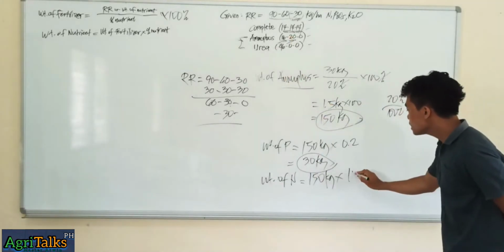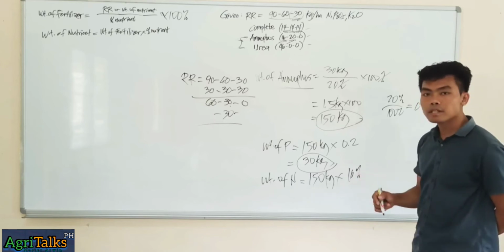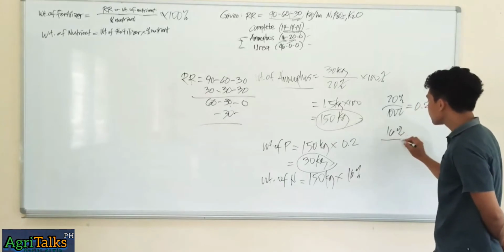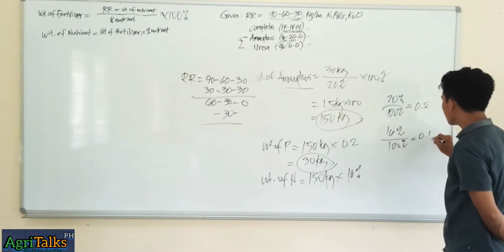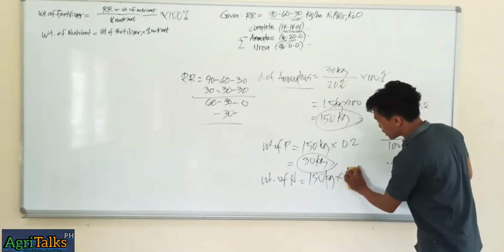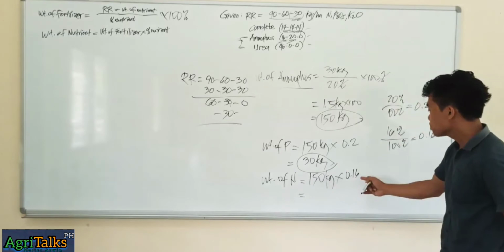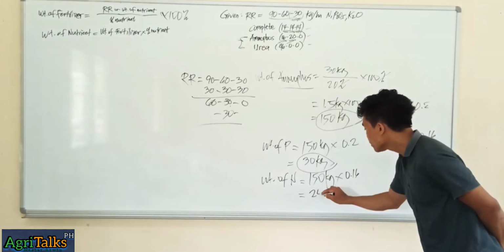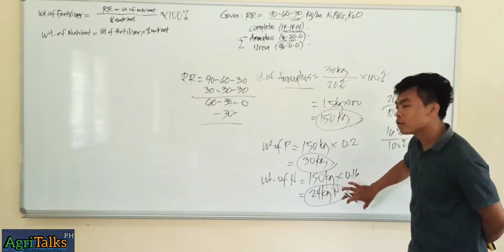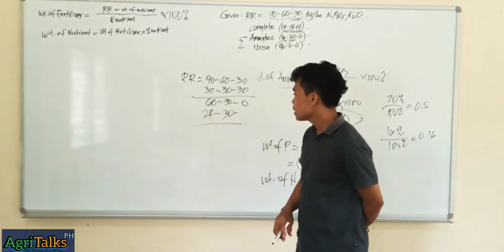Again, instead of using the percentage, we will use the decimal equivalent. So 16 divided by 100% is 0.16. So 150 kilograms times 0.16 would be 24 kilograms of nitrogen. So this 24 kilograms will be subtracted here.